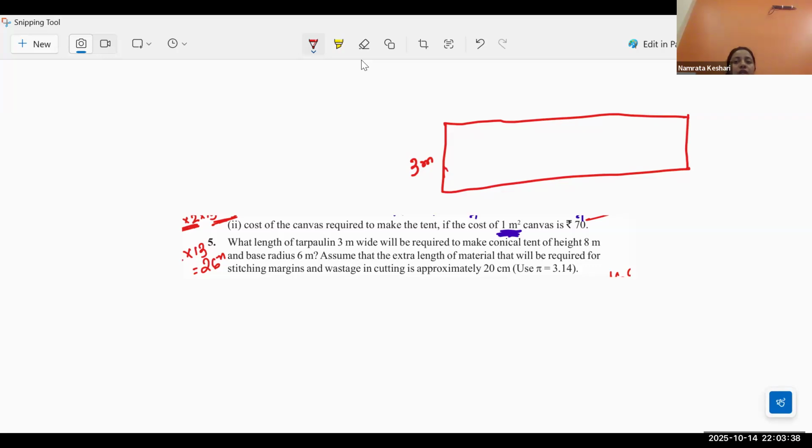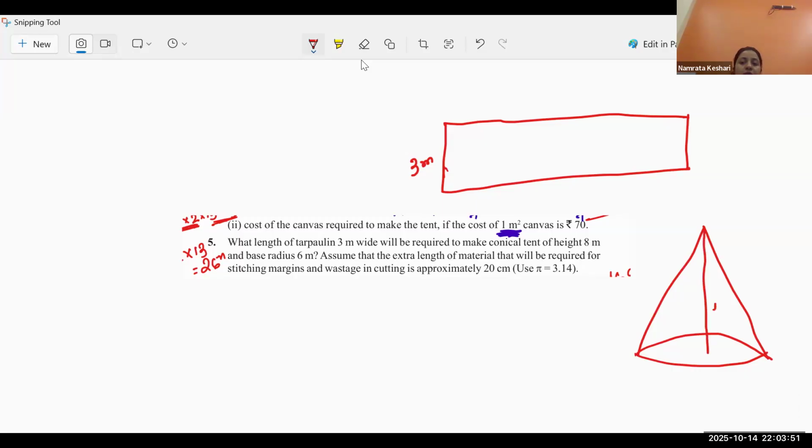Out of this sheet, we are making a conical tent of height 8 meter. Height means this height, h, and the base radius 6 meter.